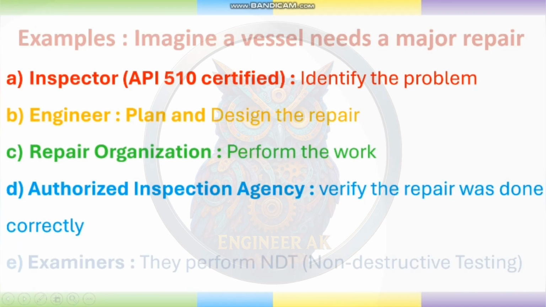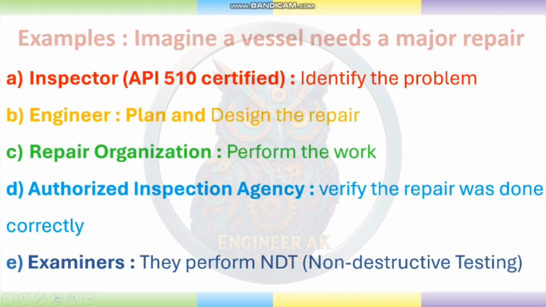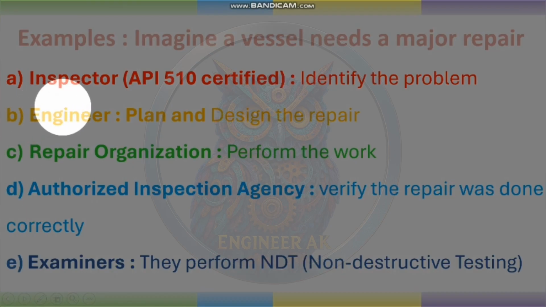And the examiner, basically, at the start they will perform NDT and will bring the results to the inspector, right? Then if there is a problem, they will tell the engineer, who will plan and design the repair procedure or the repair arrangement.